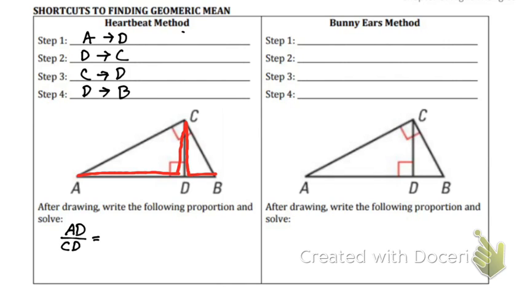But then it's going to equal, we go back down CD. So we're still at CD. And then we go across to DB. Now, if any of those parts are missing, you can solve it. And that's what we're going to do down below. So that is AD over CD equals CD over DB. Note, CD and CD are the exact same value. These two will always be the exact same value. We are using that geometric mean we talked about just before.